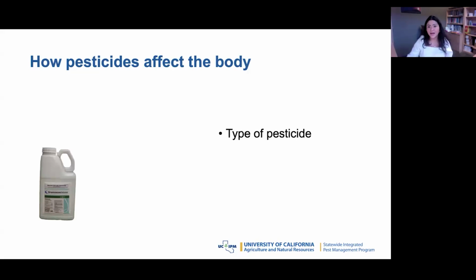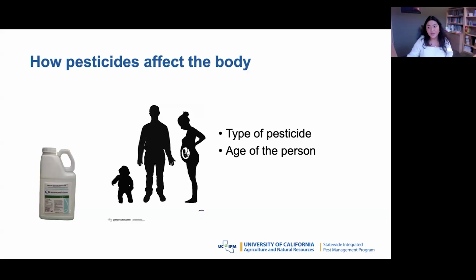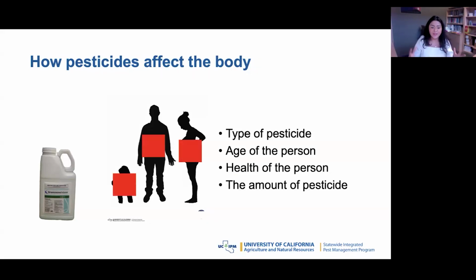The toxicity of the pesticide, what risks the pesticide poses, the age of the person, the health of the person, as well as the amount of pesticide and the length of time that a person was exposed to that chemical. So typically, and it is well known, that in general children, elderly people, and pregnant women are going to have a more severe reaction to a pesticide. So the same amount of pesticide will affect the person differently depending on these factors, right? And that's something to keep in mind.